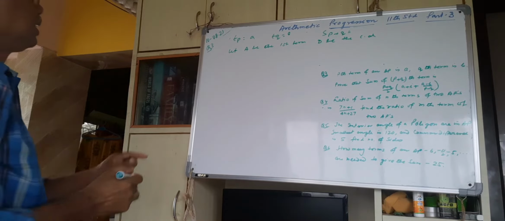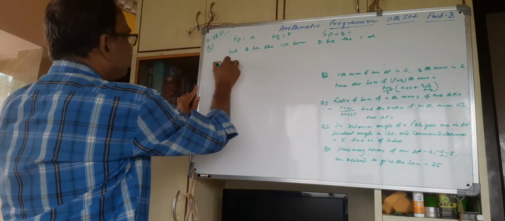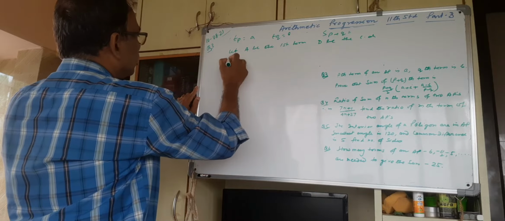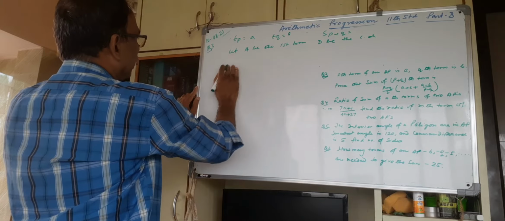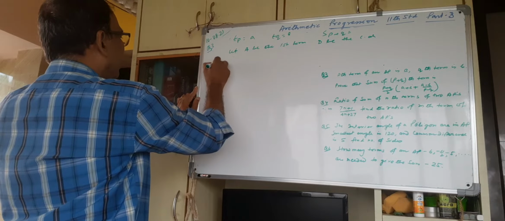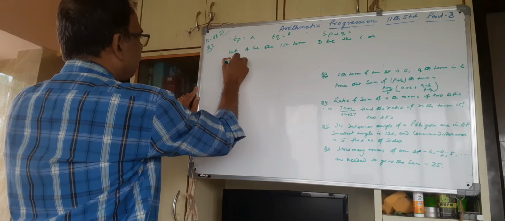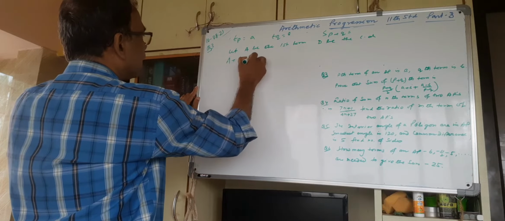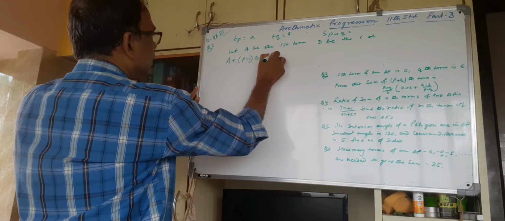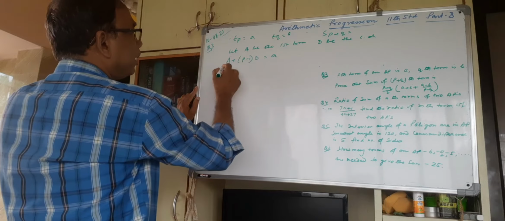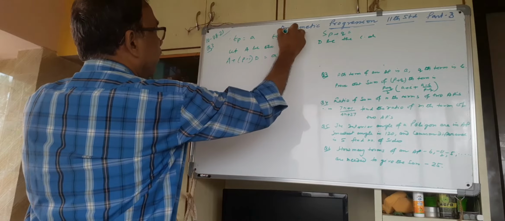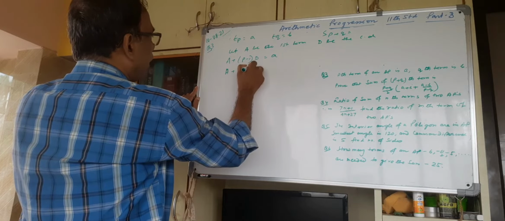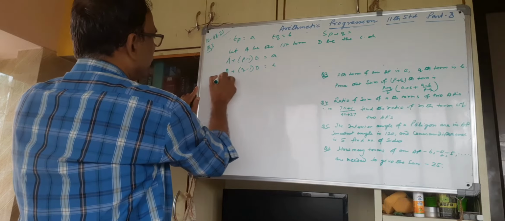TP means A plus n minus 1 into D. Here it is A plus P minus 1 into capital D, where A is the first term. This equals A. And TQ is B: A plus Q minus 1 into capital D equals B.